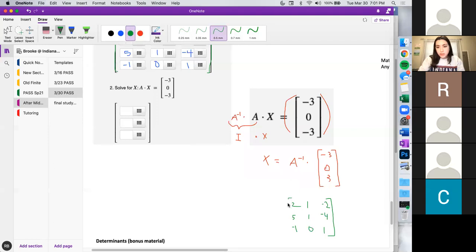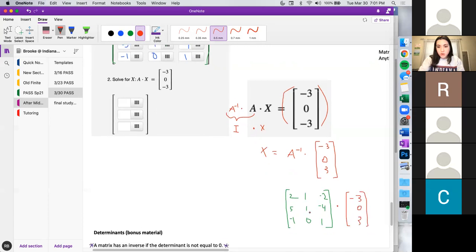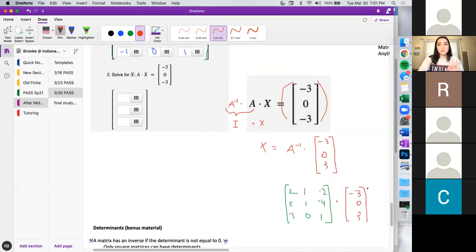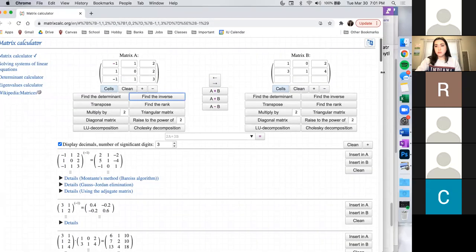And then I'm multiplying that by what they gave me in that equation earlier. 3 by 3, 3 by 1. You can multiply them together, and it will give you x. So we'll just do it right here real quick.